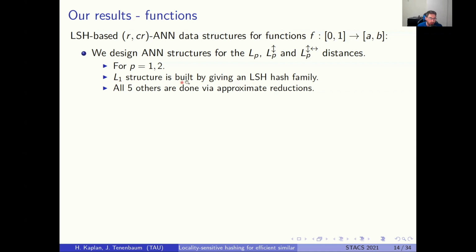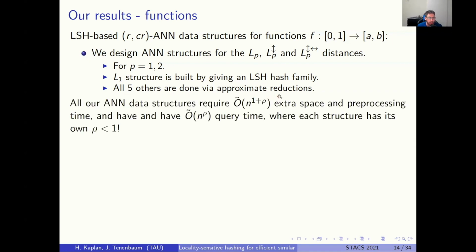The L1 structure is given using an LSH hash family, where all 5 other structures are given via reductions. All our structures require subquadratic extra space and preprocessing time and have sublinear query time, each with a different coefficient.